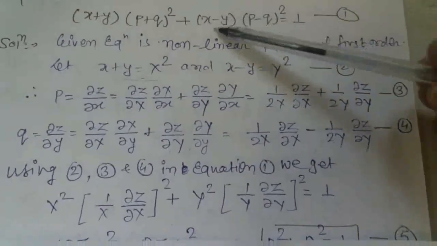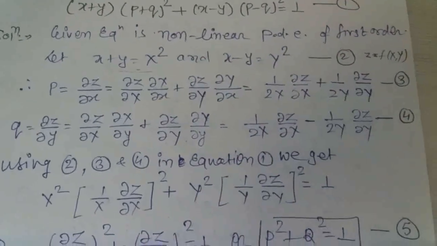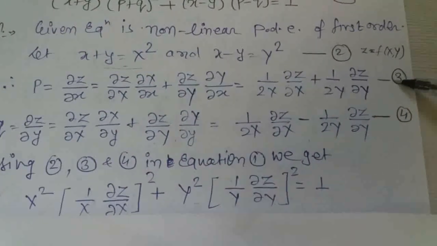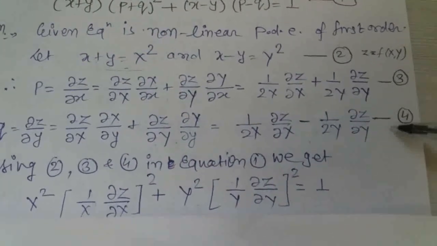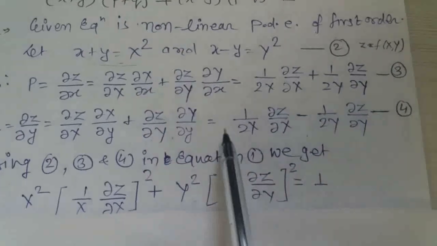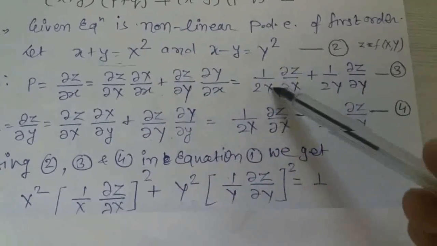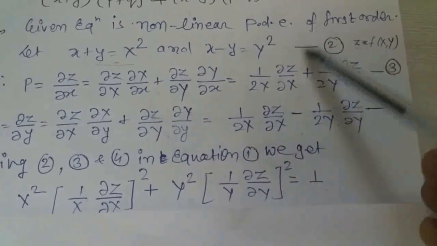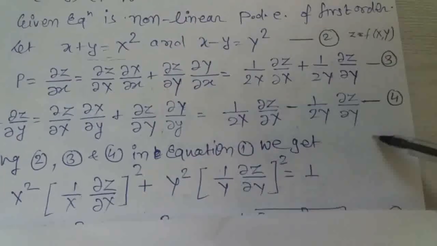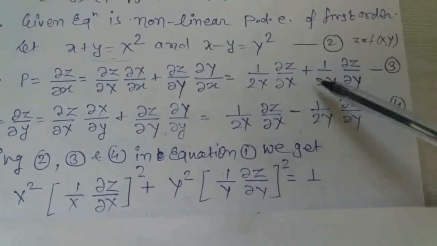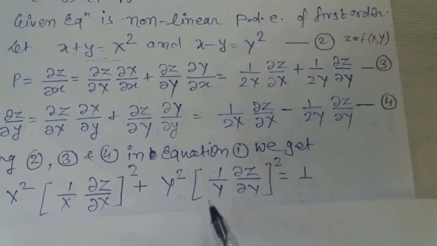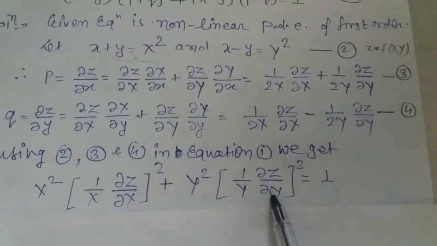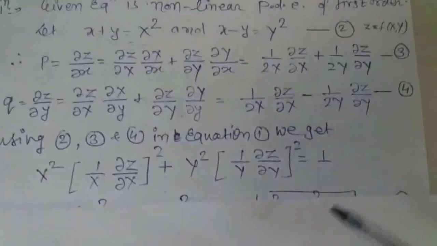So P plus Q whole square is 1 by capital X del Z by del capital X whole square, plus the value of x minus y is capital Y square, and P minus Q, third minus fourth, we get P minus Q. We subtract, then 1 by 2 capital X del Z by del X minus 1 by 2 capital X del Z by del X cancels, and this becomes 1 by capital Y del Z by del Y. So the value of P minus Q is 1 by capital Y del Z by del Y, and P minus Q whole square is this.